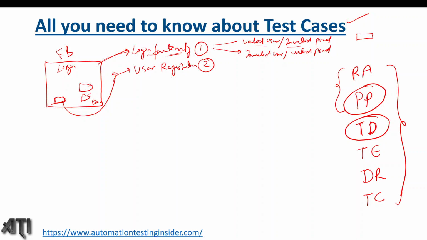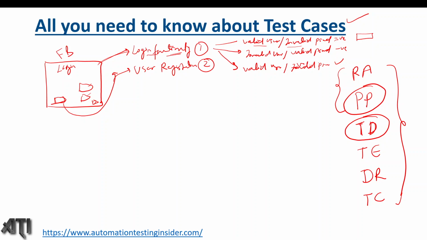What is the third test case? If we have an already registered user, then valid user and valid password. So this is a positive test case. These two are negative ones, and this is the positive test case.